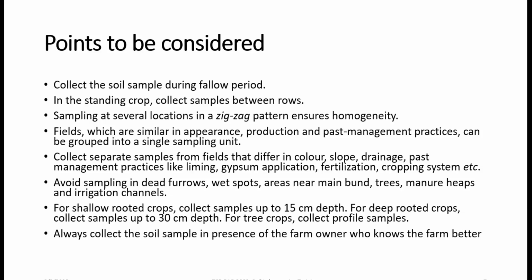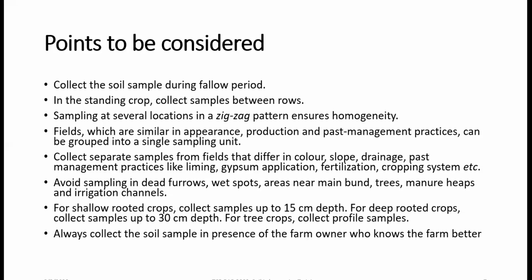And here you have to avoid bias, to avoid being biased toward certain issues, because it will lead you to generalize a very specific condition. If there are dead furrows, wet spots, areas near main ponds, trees, manure heaps, and irrigation corners, all these areas are very specific and have very specific conditions.